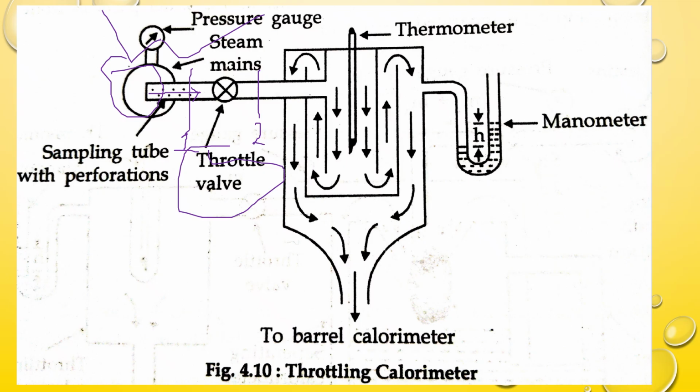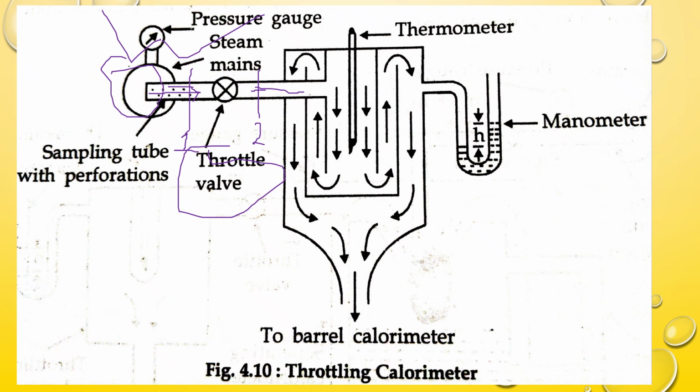Okay. So what we can understand is that when the steam flows through the throttle valve, its pressure will drop temporarily, and when the pressure drops, the corresponding saturation temperature will drop also. So what happens is, temporarily this steam is converted into superheated steam.